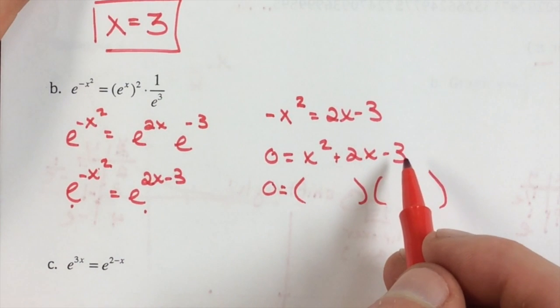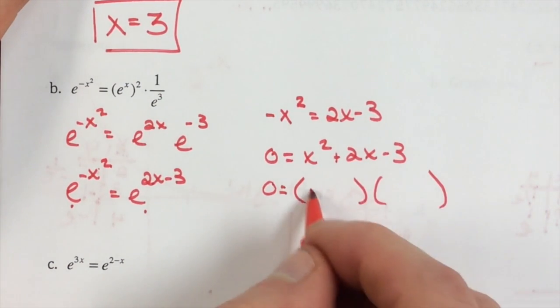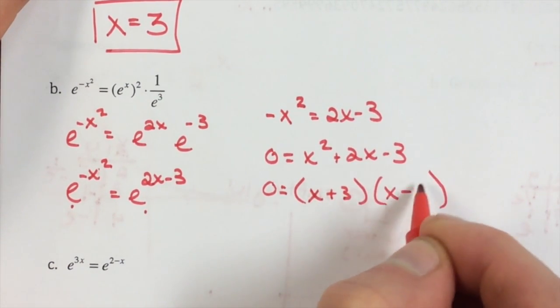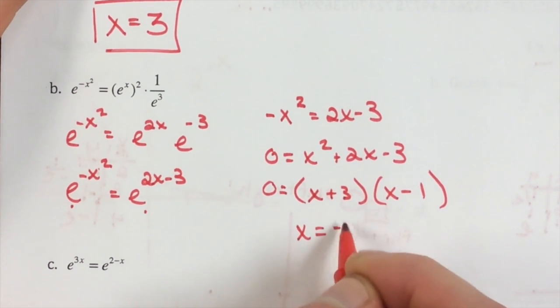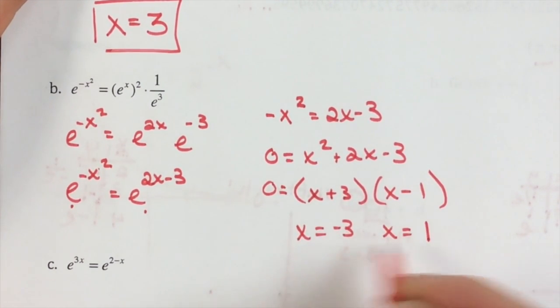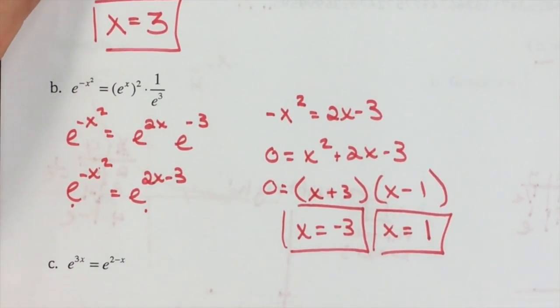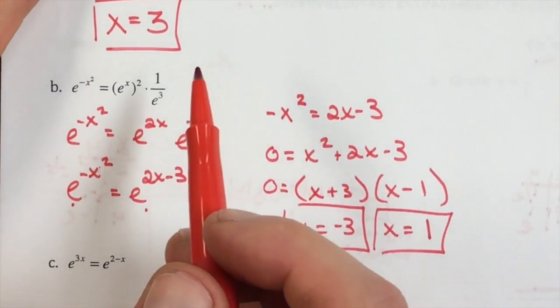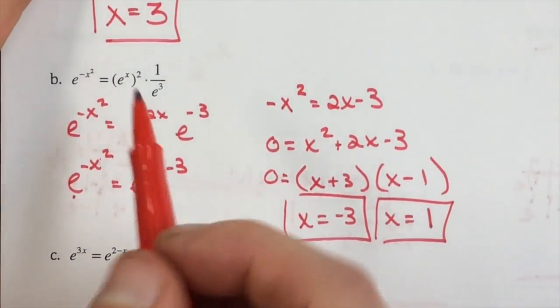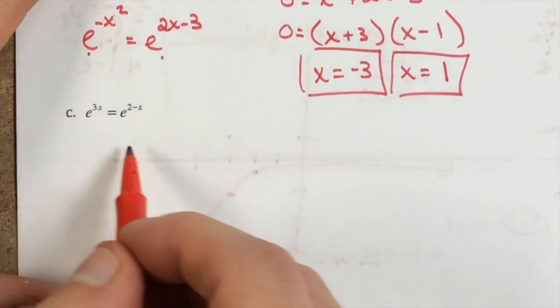Numbers that multiply to negative 3 that add to positive 2: x plus 3, x minus 1. So x equals negative 3, x equals 1. Not so bad once you can apply all your properties of exponents.